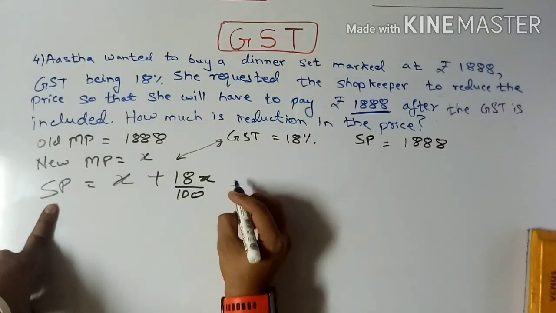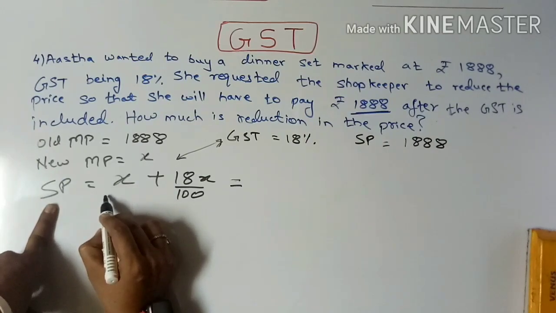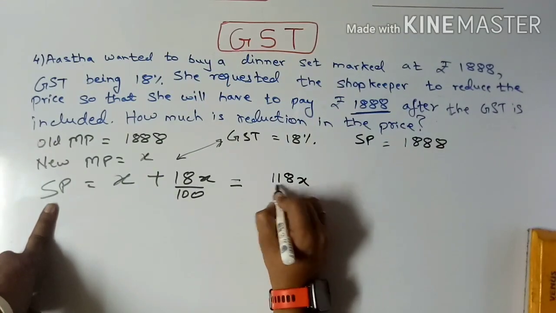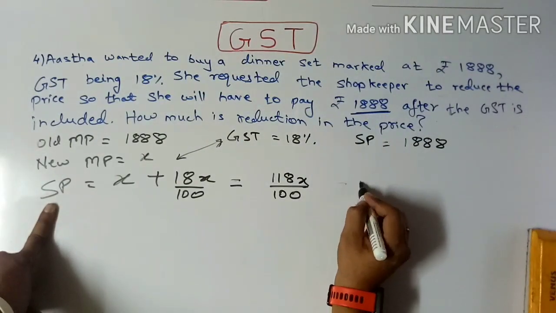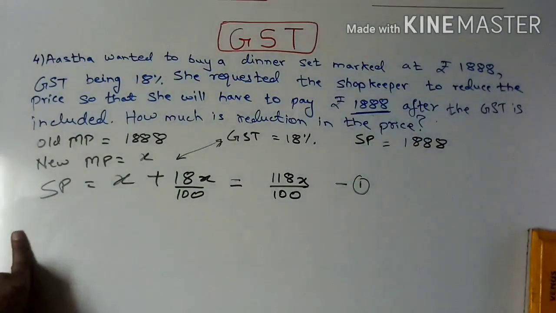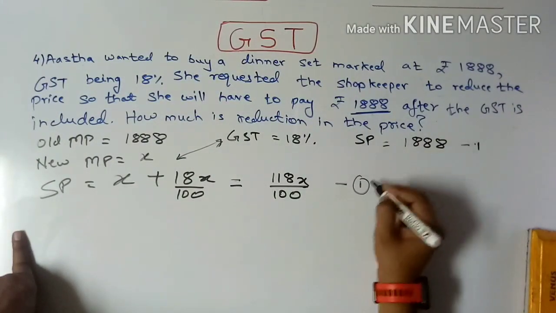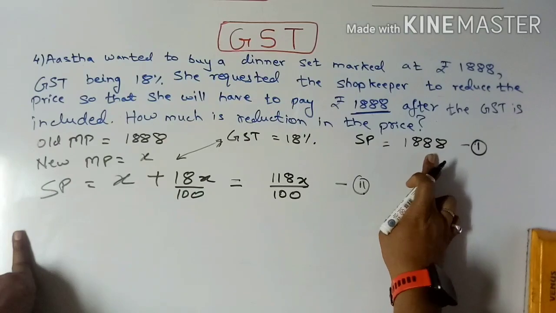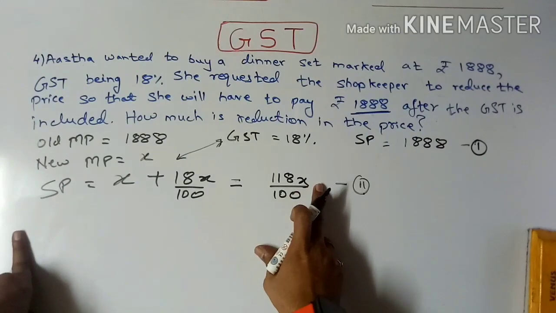If I simplify this, taking LCM 100, I multiply numerator and denominator both by 100, it becomes 100x plus 18x upon 100, that is 118x upon 100. But this should be equal to my new selling price, that is 1888, correct? So this is my equation 1, and according to the demand of the customer, 1888 should be equal to 118 upon 100 into X, which is equation 2.